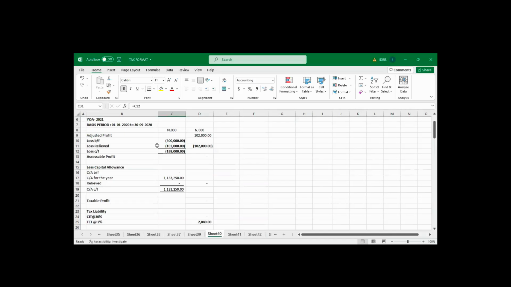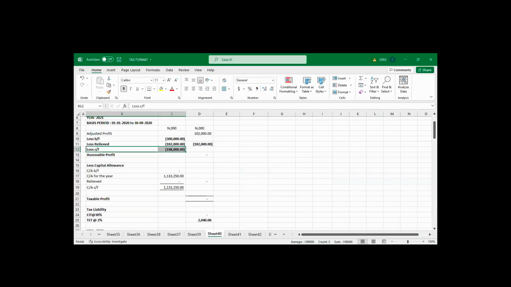In 2021, what is the loss carried forward? It's 198 million, which is 198,000. You know, we are using 1,000 up.